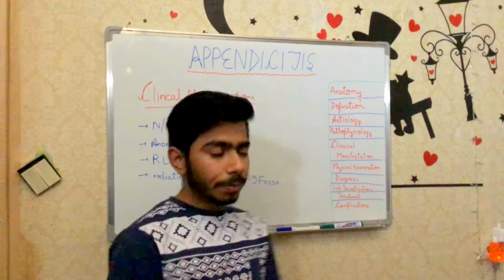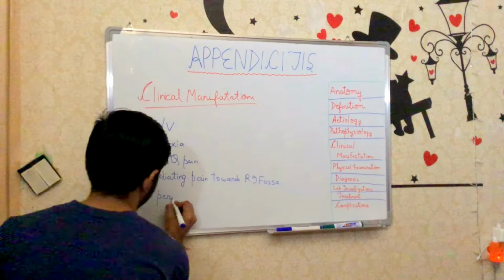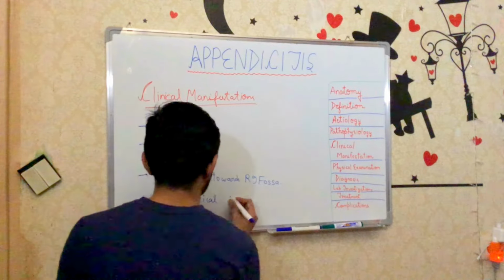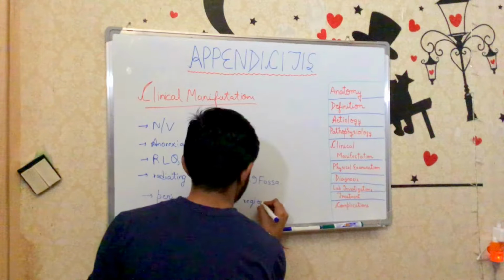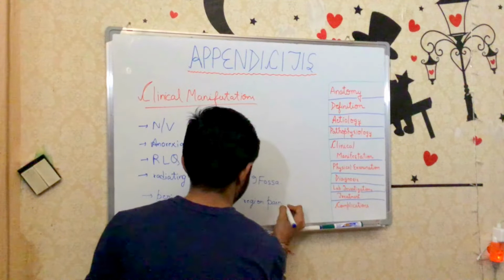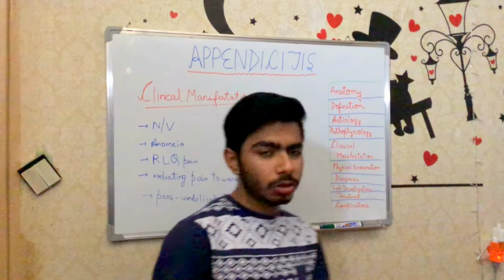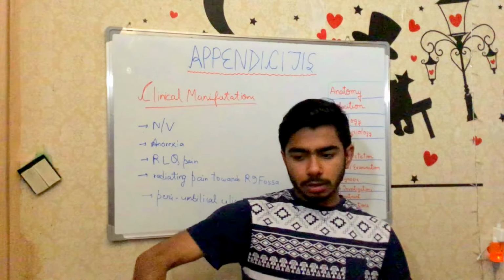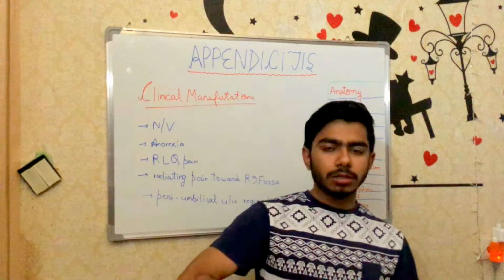So pain in the periumbilical region, periumbilical colic pain, because the T10 sympathetic nerves take the sensation from the right lower quadrant and give back the efferent nerves to that region.